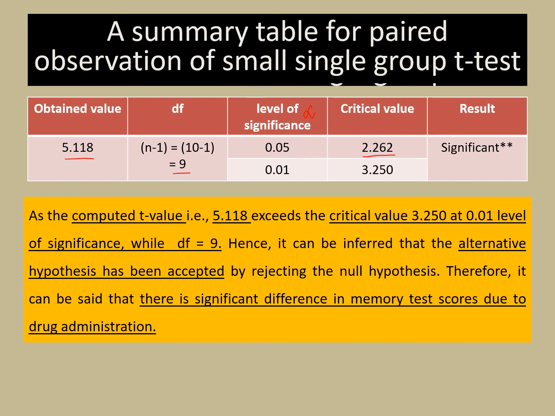Why is this significant? Because see the obtained t-value, that is 5.118, which is obviously greater than the critical value of 2.262 when the level of significance is 0.05 and df is 9, as well as this 5.118, the obtained value, is again greater than the critical value 3.250 when df equals 9 and at the level of 0.01.